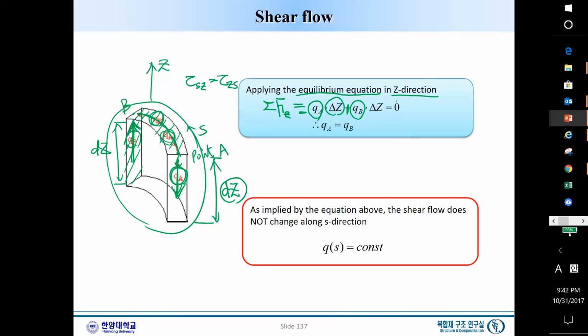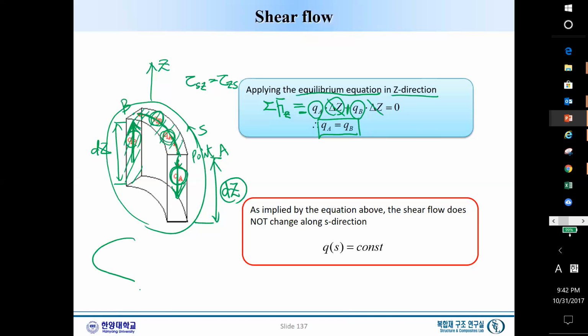Okay? And now, very simply, this delta Z disappears, and we come to a conclusion that QA needs to be the same as QB. Very simple conclusion that can apply to any cross section.